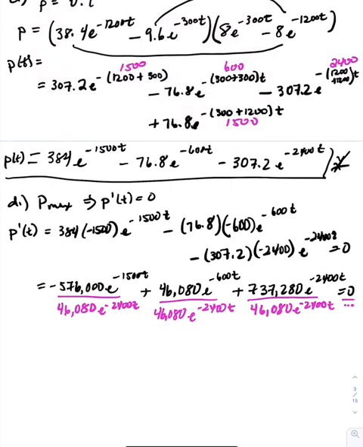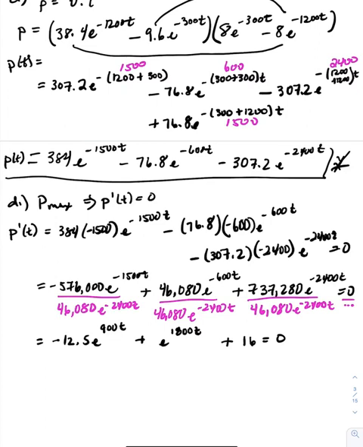And that brings us to minus 12.5 e to the plus 900 t plus 1 times e to the plus 1800 t, and plus 16 equals 0.